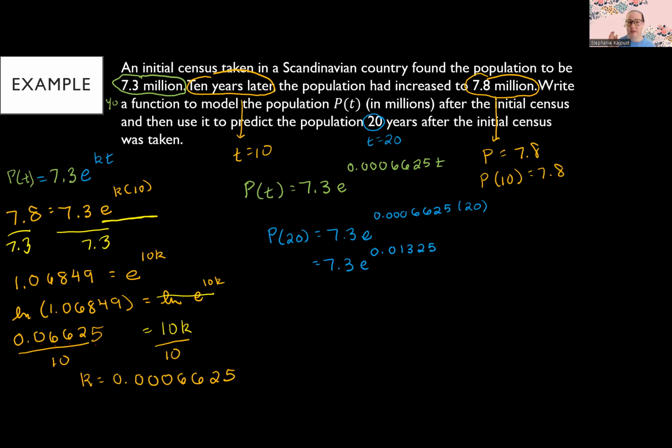Order of operations, we're still in the exponent step. I need to do e to that exponent. So I'm going to raise e to the exponent of 0.1325. And that gives me 1.013333817.